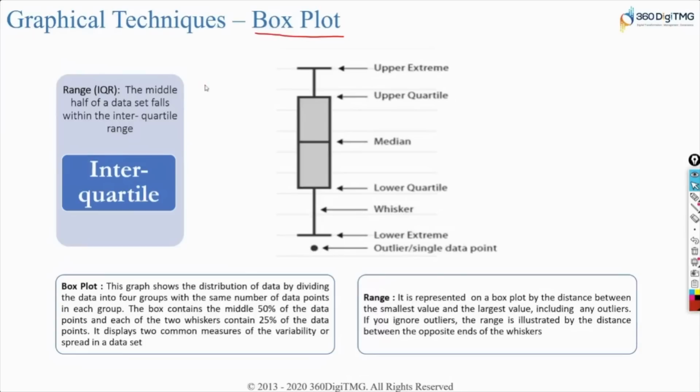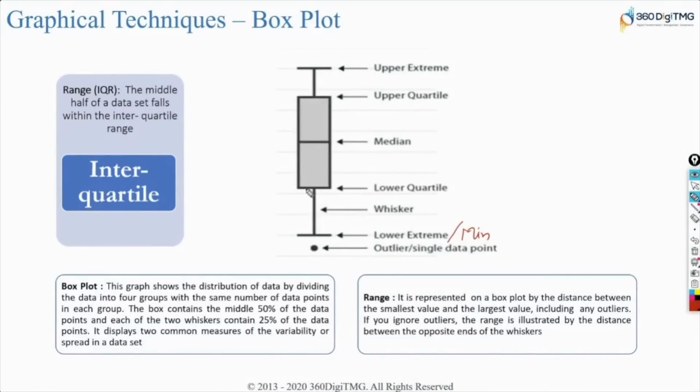Let's spend some time on box plot now. When you have your data, you can represent 100% of your data using a box plot. The notation that you see here is called the lower extreme or minimum value.